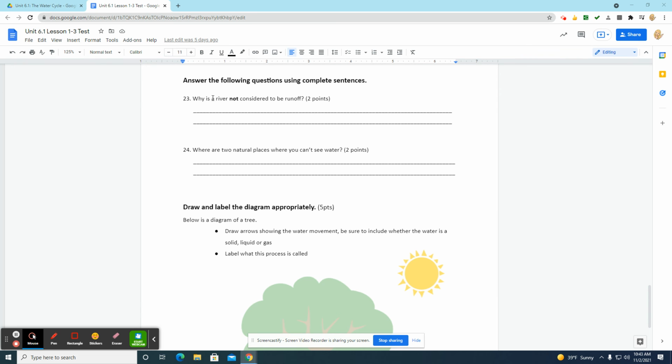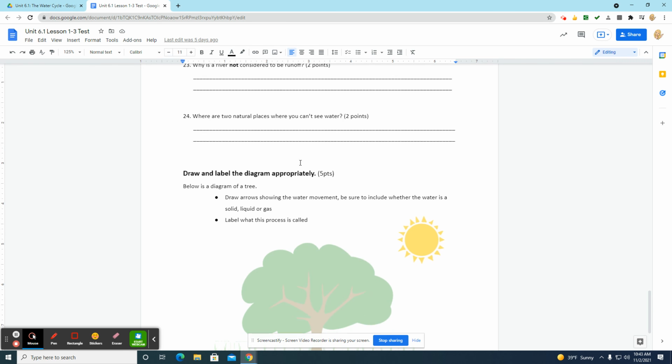Please think of the definition of runoff. 24, where are two natural places where you can't see water? Emphasis on the natural places.